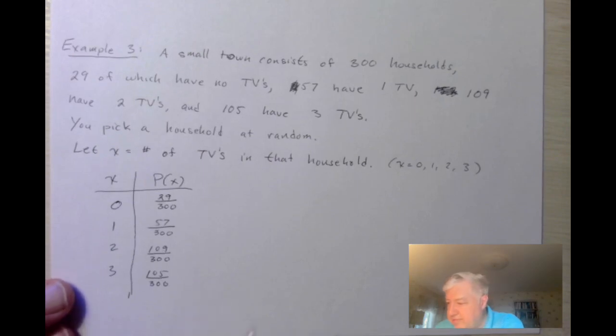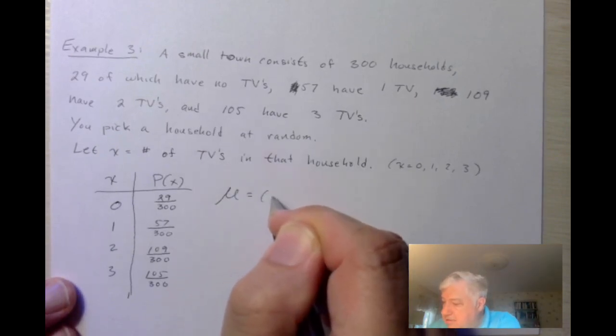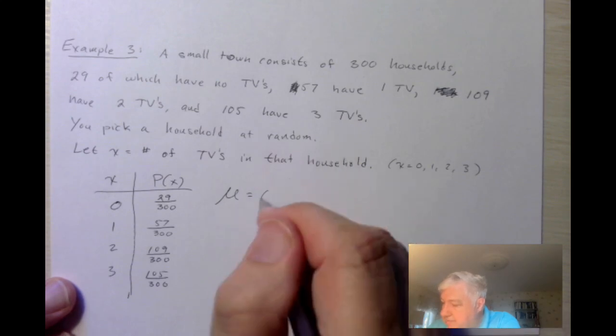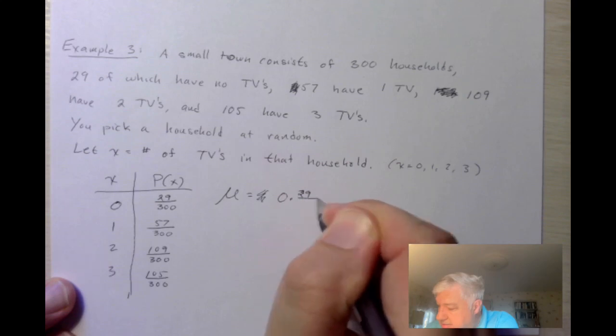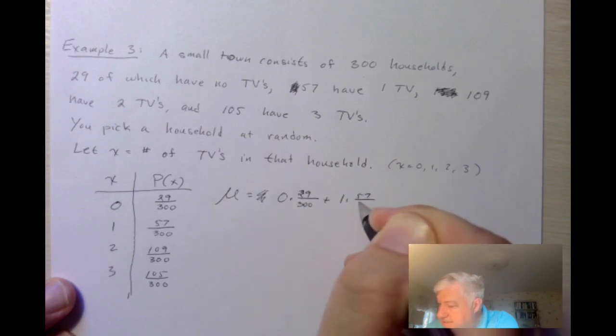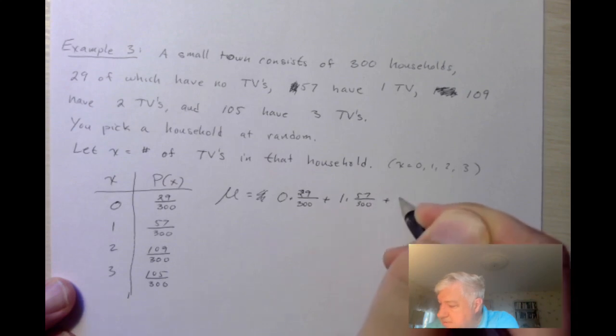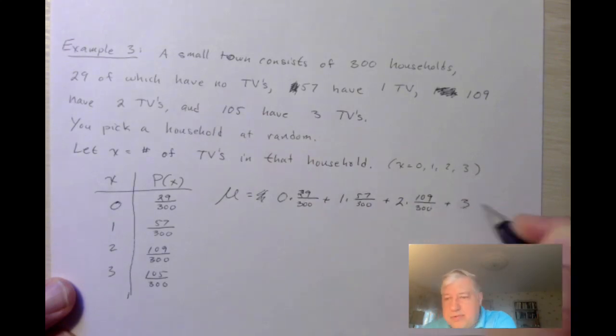So this would be the probability distribution, and the mean would be 0 times 29 over 300 plus 1 times 57 over 300 plus 2 times 109 over 300 plus 3 times 105 over 300.